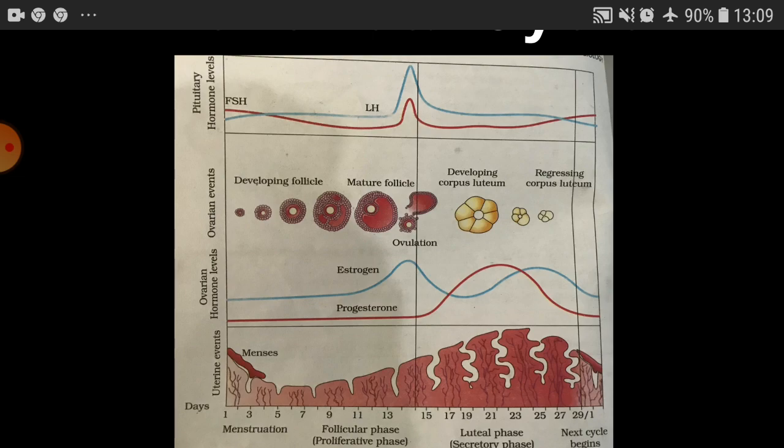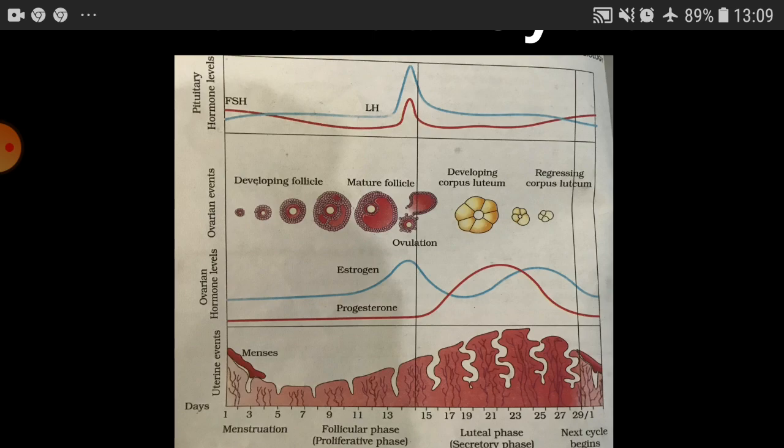In other words, the cycle of events starting from the first day of menstruation to the start of the next menstruation is known as one menstrual cycle. In human females, the menstrual cycle ceases around the age of 50 years and this is known as menopause. So here there are two terms: one is menarche and the other is menopause.